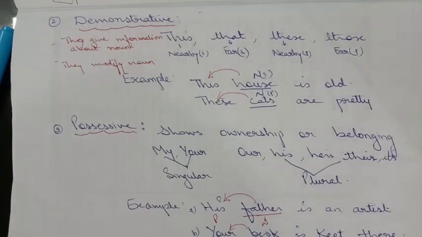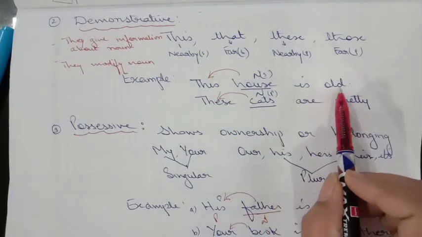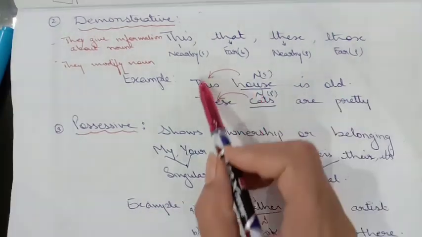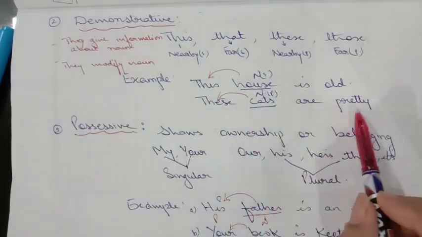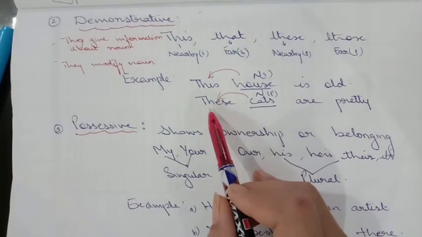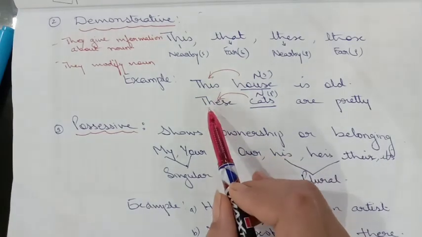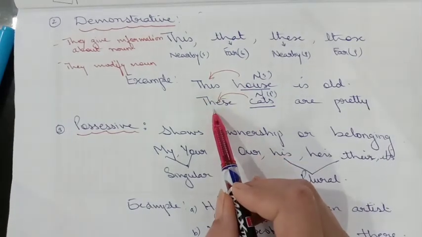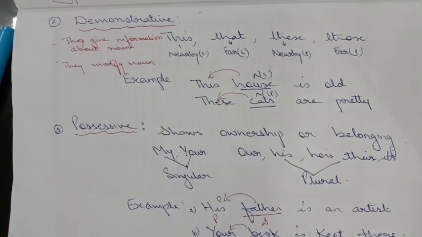If it is plural but far, you'll say those. For example, this house is old. Which house? This house. These cats are pretty, right? These cats. So this, that, these, those are all demonstratives.